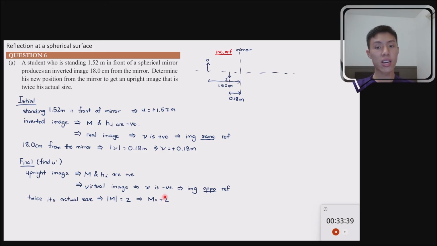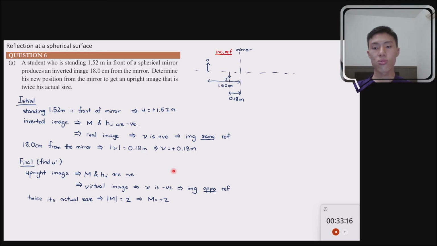Even if it's positive, I can remove the sign, but I still write positive 2, just to reaffirm myself that I have already checked the sign for magnification, and it is indeed a positive value. So M is equal to positive 2. Every time I check a sign, you will see that I write in the sign, even though it's a positive value.